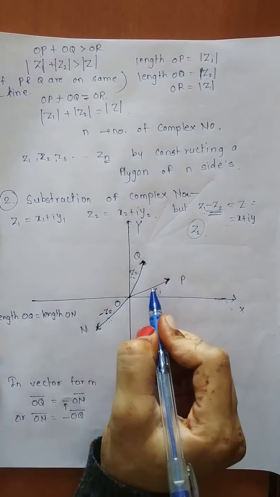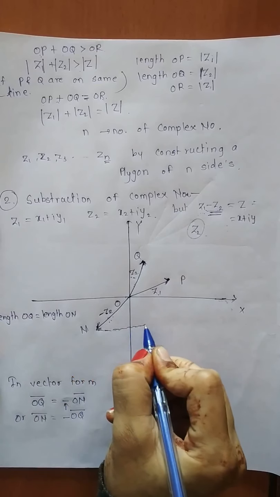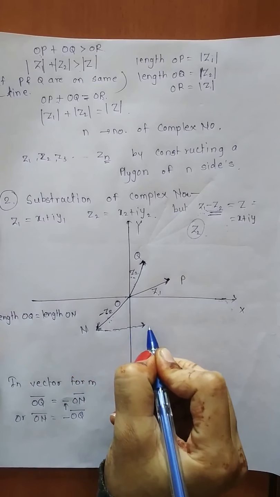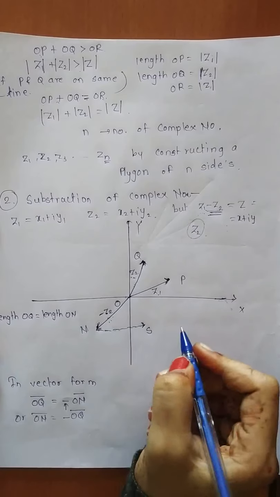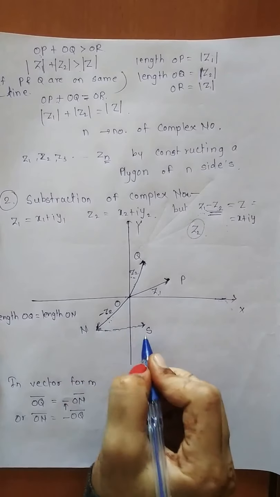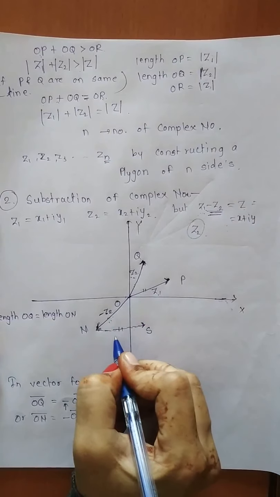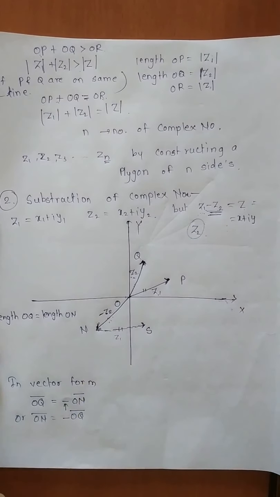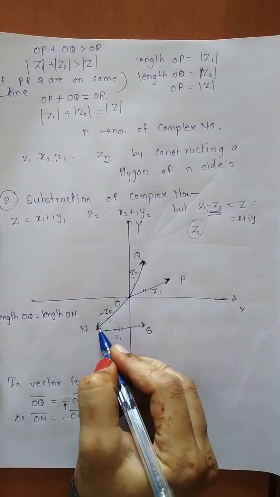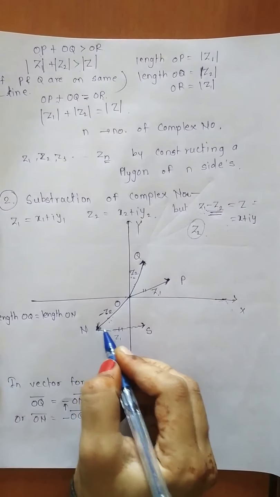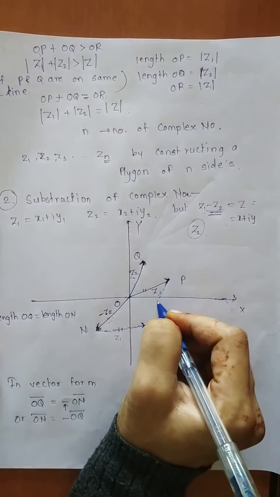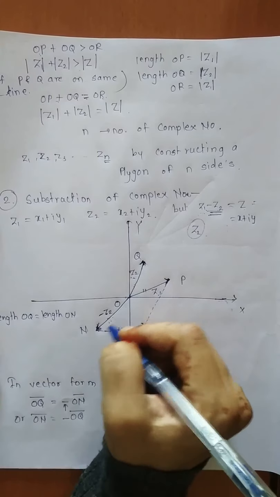So parallel to OP, that line will be over here, right? So this point I am calling S, and this vector NS will be equal to Z1. So this is also our Z1. And for this we will draw a line parallel to Z2 or ON.